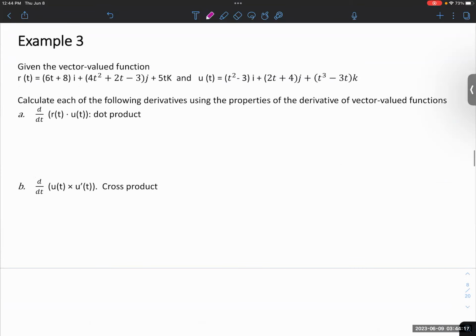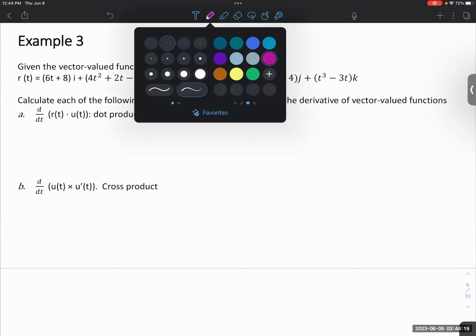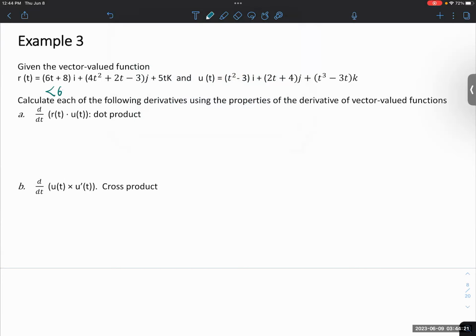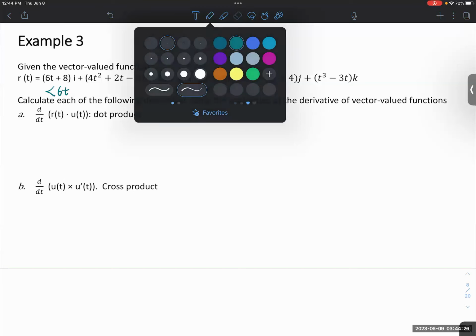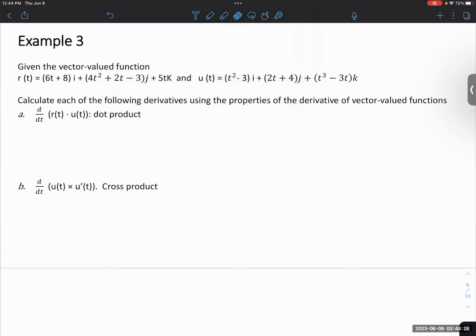For the first one, our vector is given, isn't it? So we can rewrite it. I can calculate r prime simply. So r is this, and r prime, what do you guys think? 6i plus 8t j plus 5k. Does it make sense?